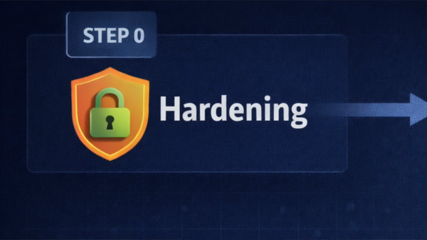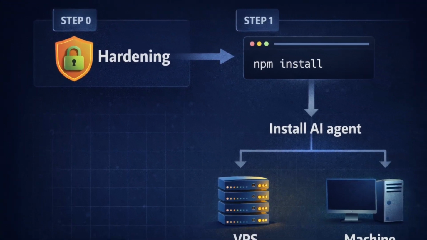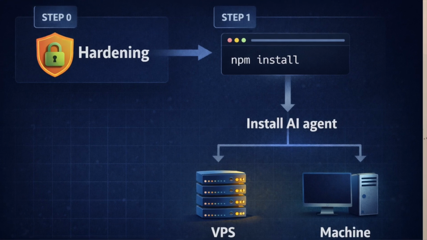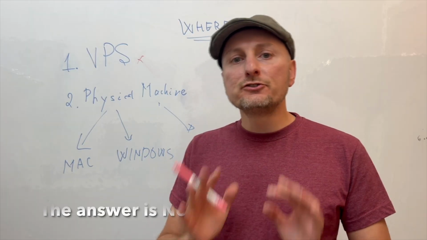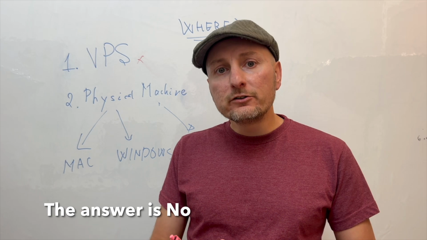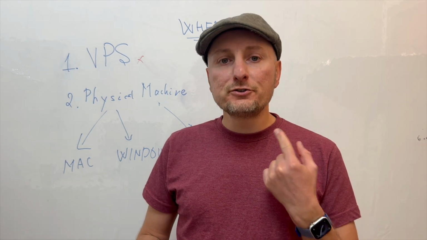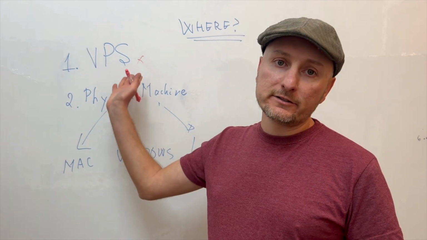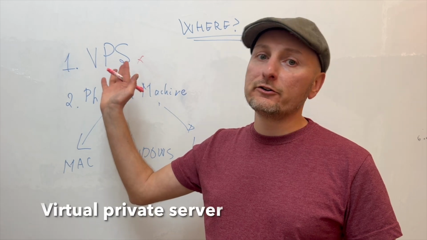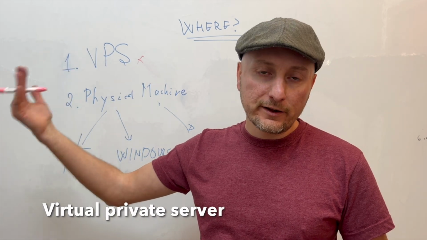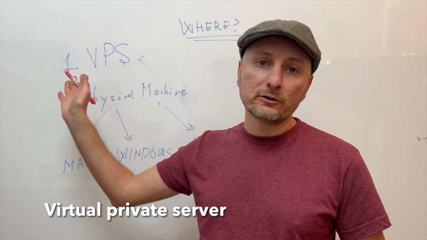Many people also ask if you really need a Mac Mini to run an OpenClaw AI agent, and the answer is no. Generally you have two options. Option 1, you use a VPS, a virtual private server, so basically you rent a server from a cloud provider and install your OpenClaw agent there.